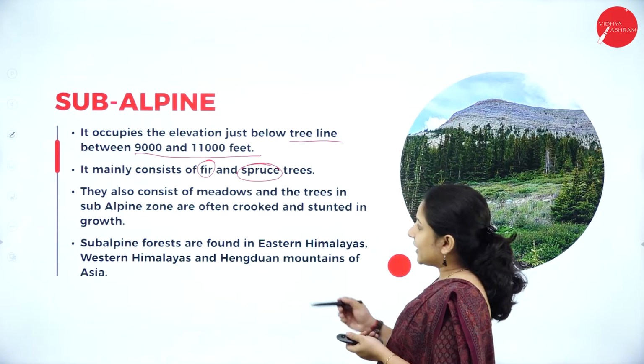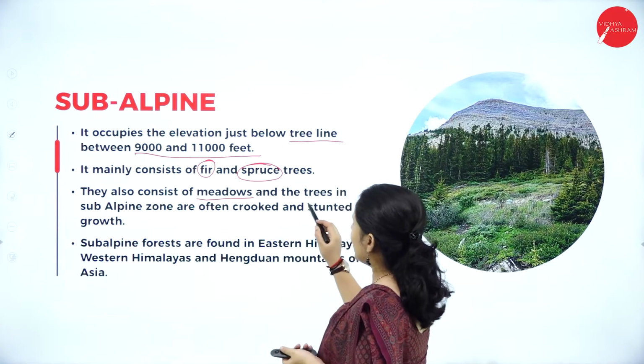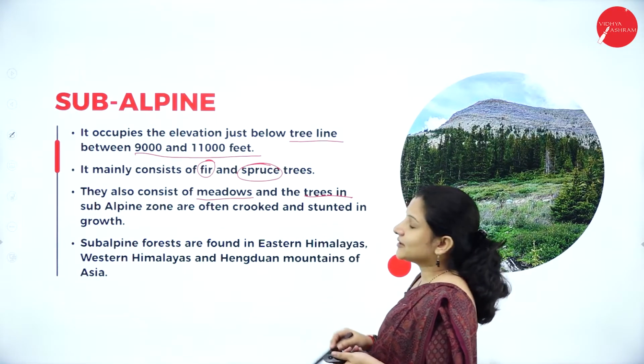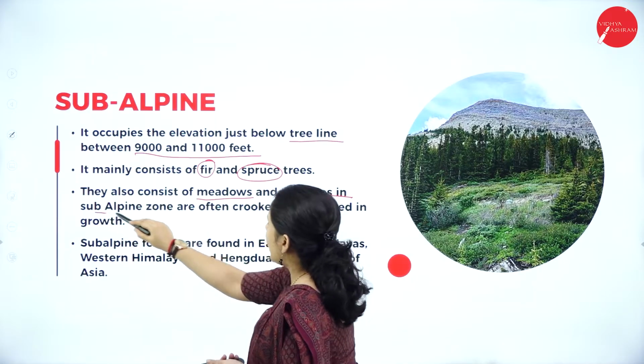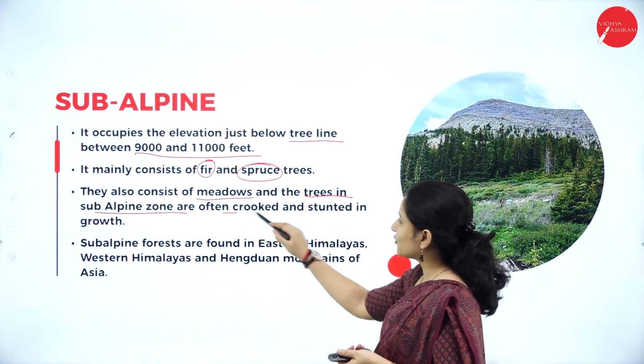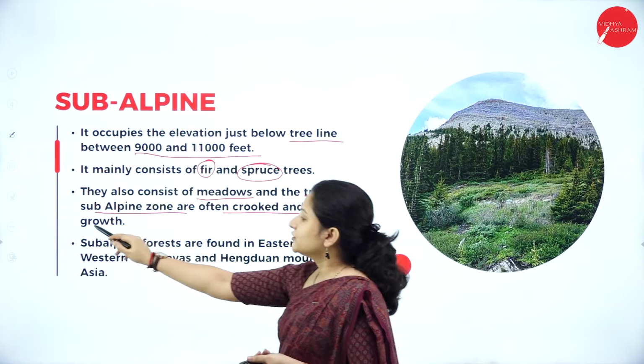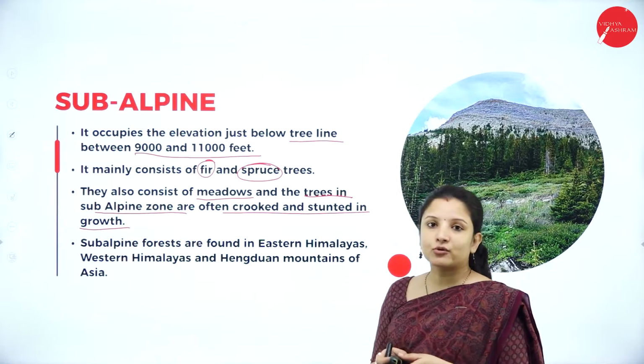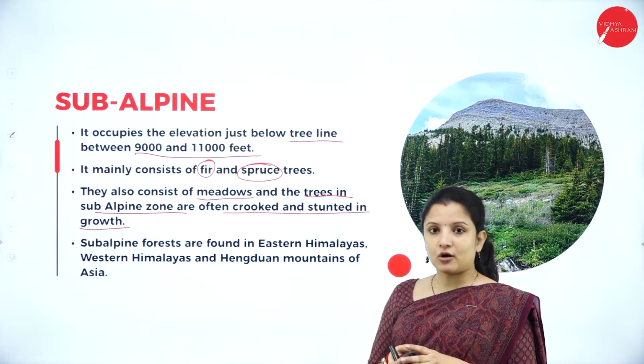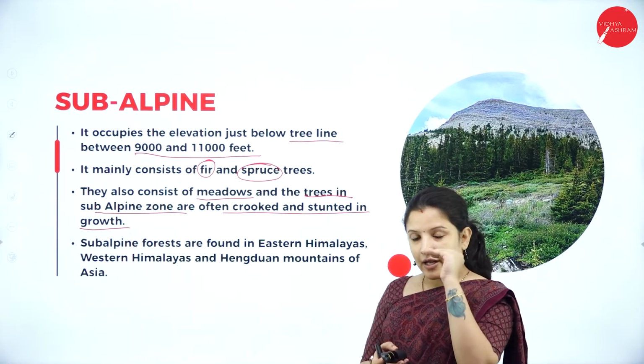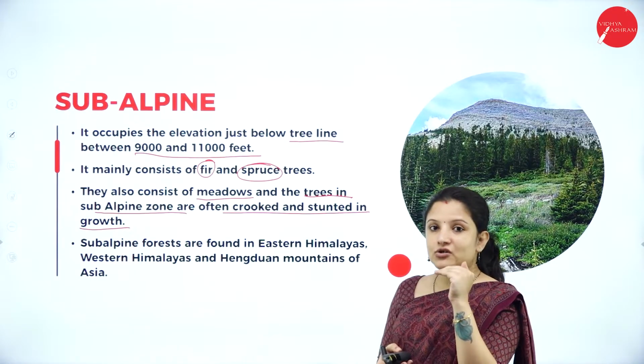They also contain meadows, that is grasslands, and they contain trees in the subalpine zone, and these trees are always crooked and stunted in growth. So why are these trees always crooked and stunted in growth? Why? Because what did I tell you? This region is present just below the tree line.